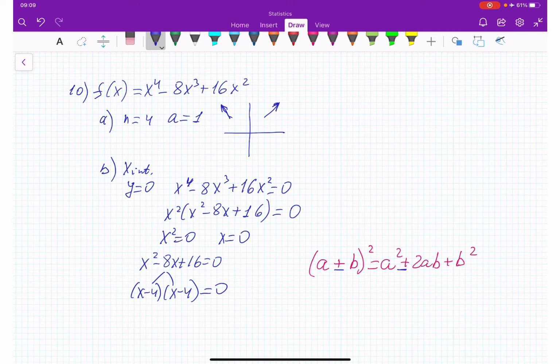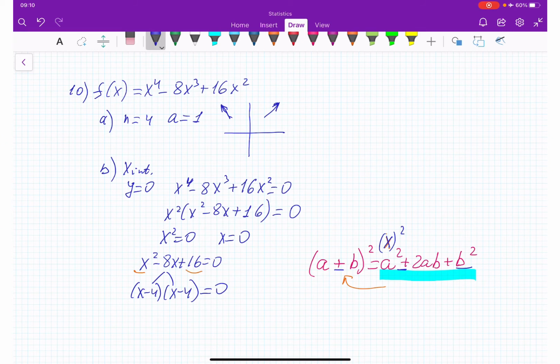Now the thing is, we are given this form and we need to get this one. Let's check. I'm checking my a and b. If a squared is x squared, then a will be x, right? Next checking b squared. It's 16, right?